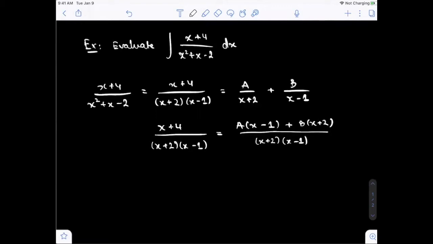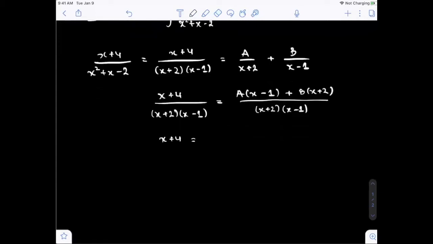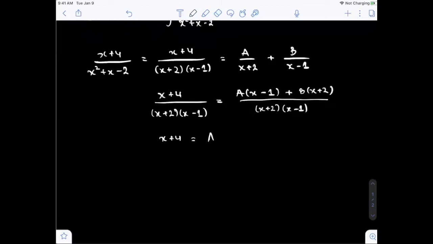So x plus 2 times x minus 1 is the common denominator. So you match the numerators together, right? Because we have the same denominator already, we don't care about that anymore. So x plus 4 equals A times x minus 1 plus B times x plus 2.